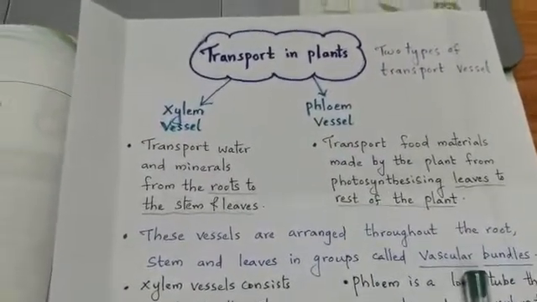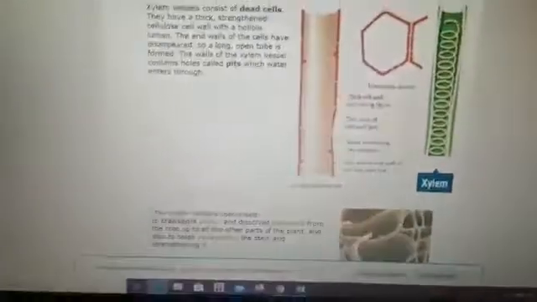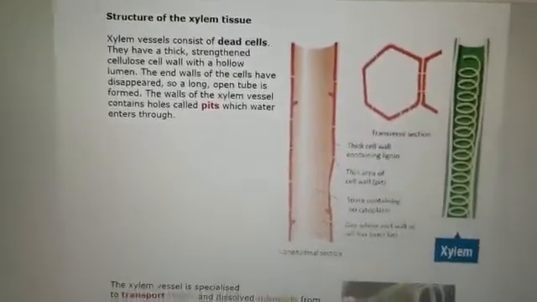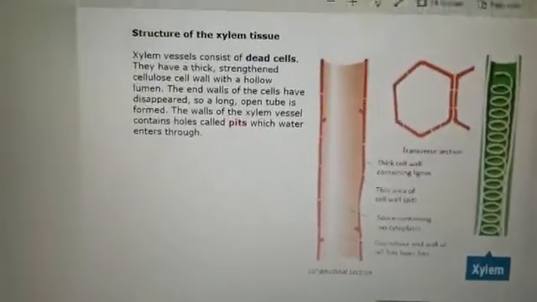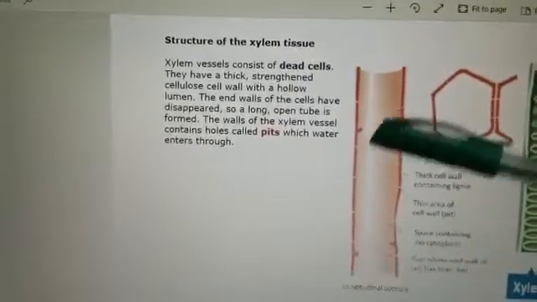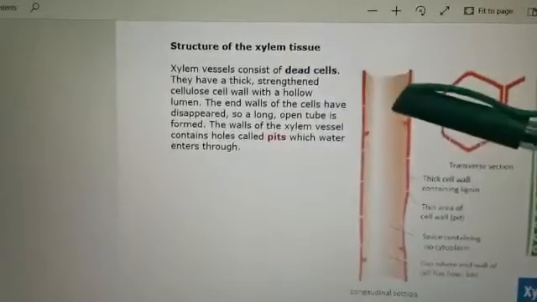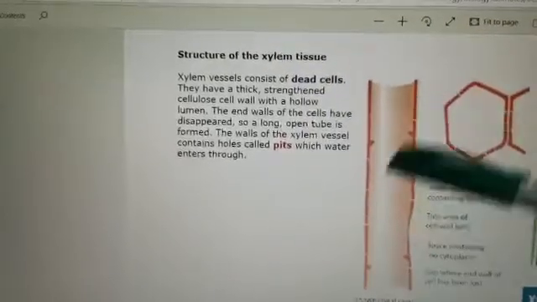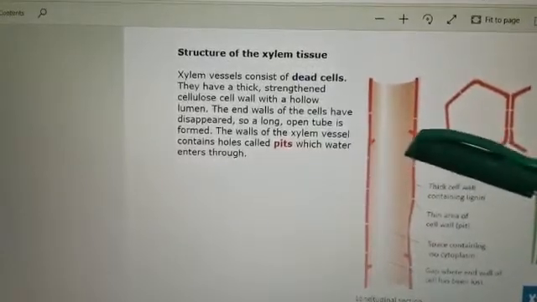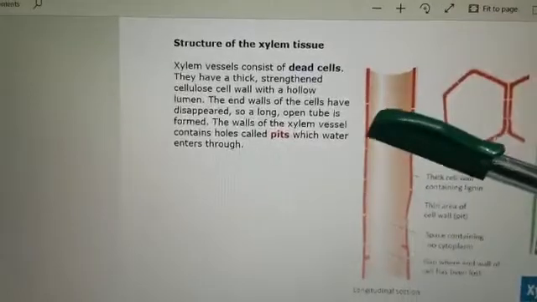If you look at the computer screen, you can see the structure of the xylem tissue. It has tube-like structures made up of dead cells, and on the side edges of the xylem tubes you can see small holes.